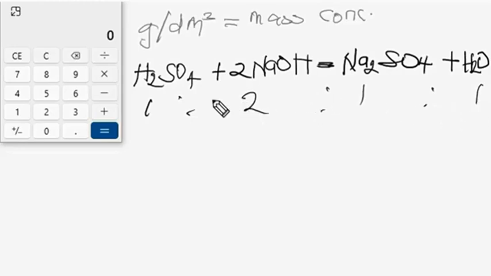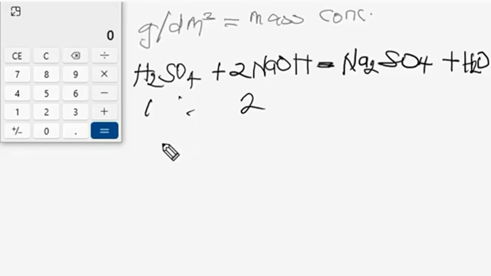So this is their corresponding ratios here for the reactants and the products. The number of moles of acid reacting here is 1, and that of the base is 2 here.